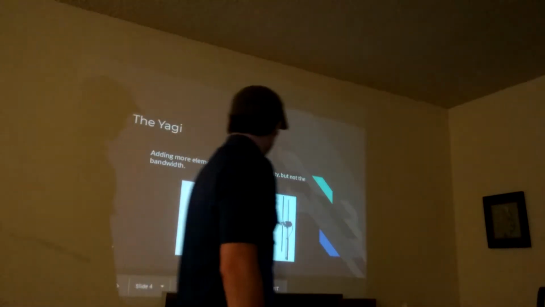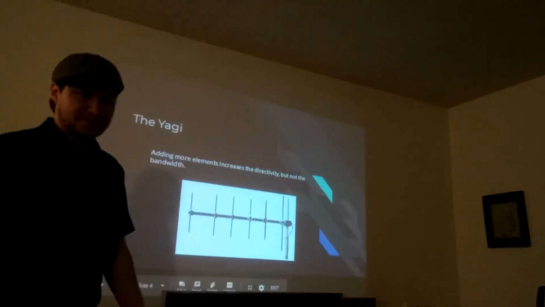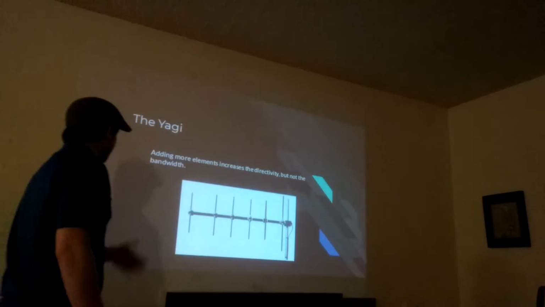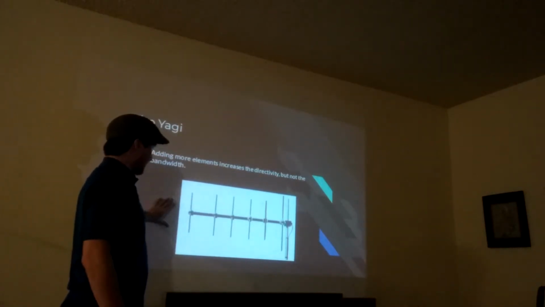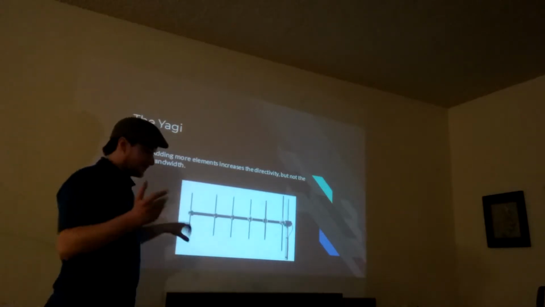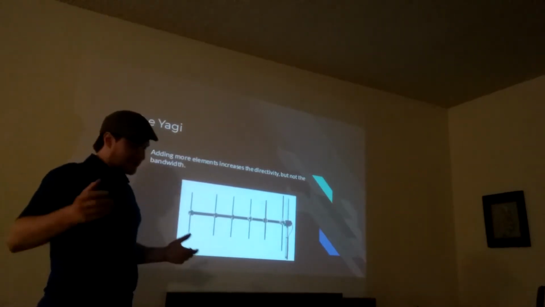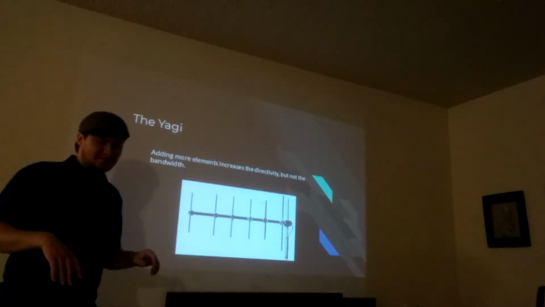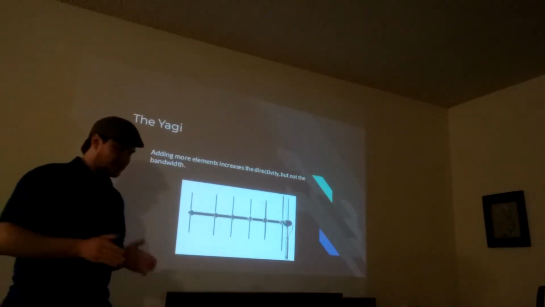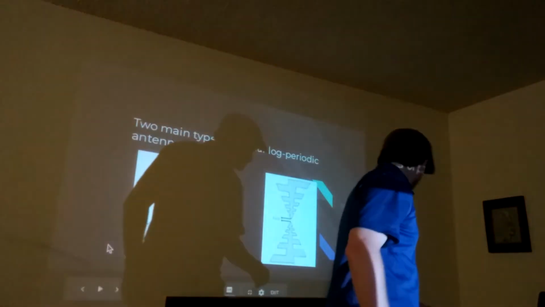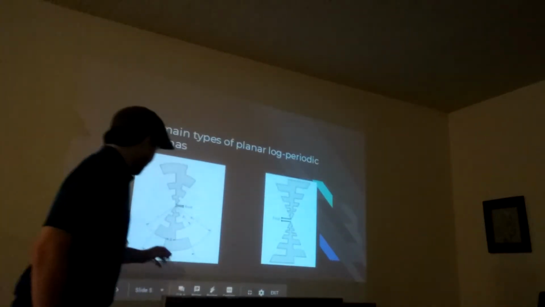So another antenna that looks kind of like the ones that I was interested in is the Yagi, where adding more elements onto it makes it have higher directivity, but doesn't give it a higher bandwidth. So by adding in more elements to these log periodic antennas, you get more frequency bandwidth, which is what you can see here.